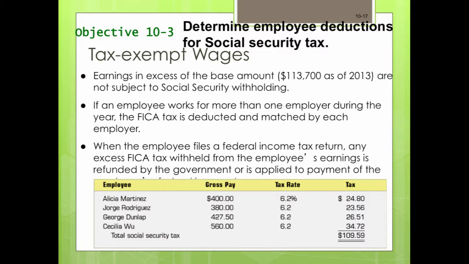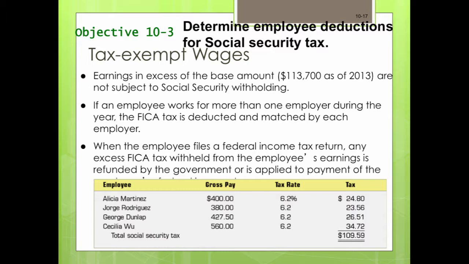So later on in this presentation, you'll learn that you have to keep track of how much you're paying your employees throughout the entire fiscal year or the calendar year, depending on your business, because you've got to make sure that you stop withholding Social Security tax after they've earned $113,700.